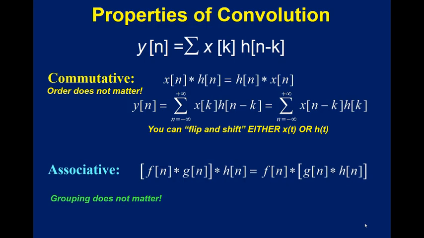This means if I have to do a sequence of convolution operations, what order I do the groupings in doesn't matter as well. I can choose any way that I want. I can take two signals and convolve them first, and then take that answer and convolve it with the third. Or we can convolve the second and third first, and take that result and convolve it with the first function, and both those sequences will give us the same result.